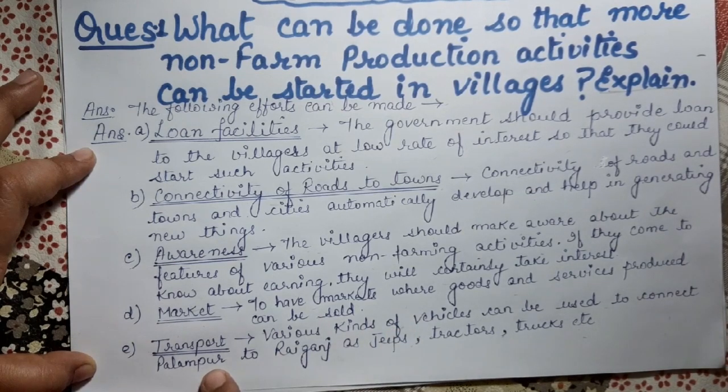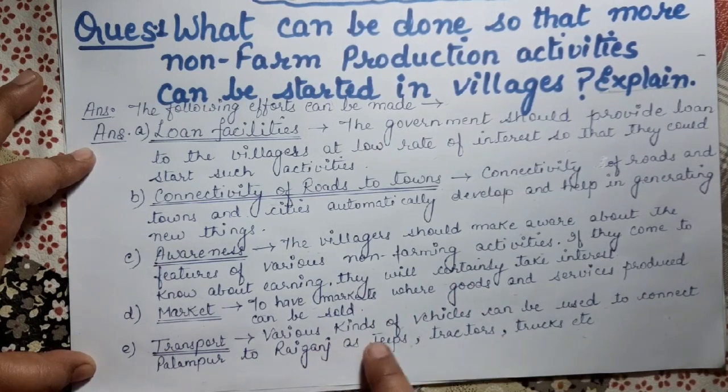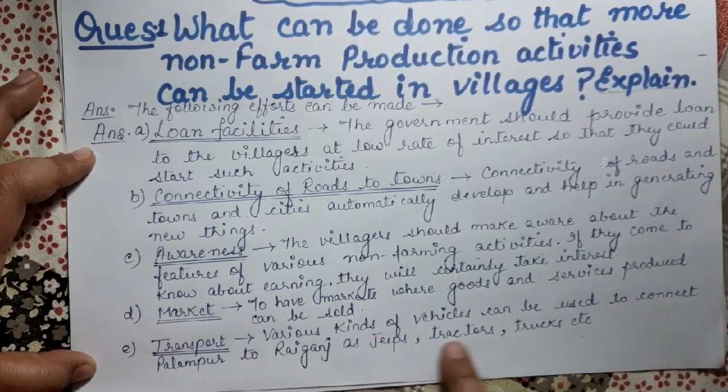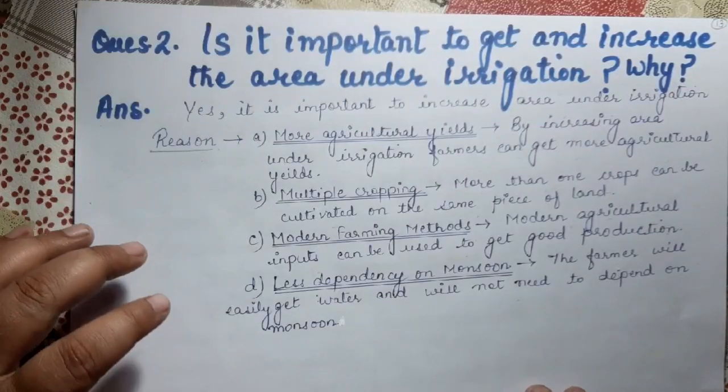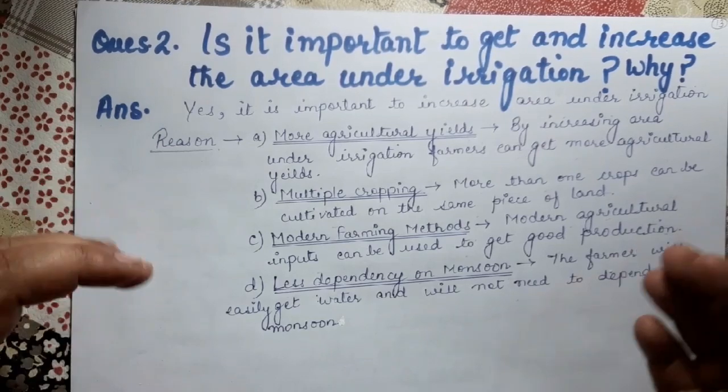Last is transportation, or transport system, you can write. Various kinds of vehicles such as jeeps, tractors, trucks, etc. can be used to connect Palampur to Raiganj. So this is the presentation of the answer.